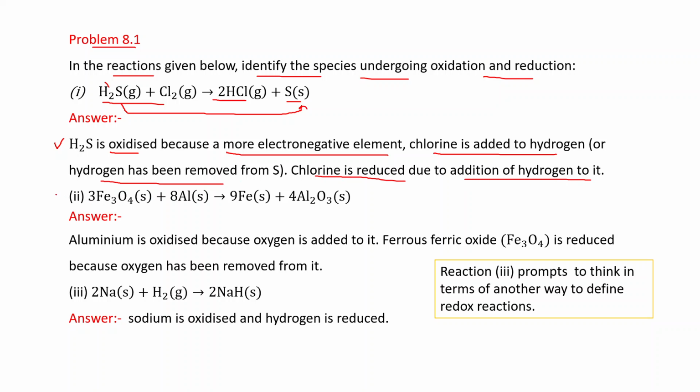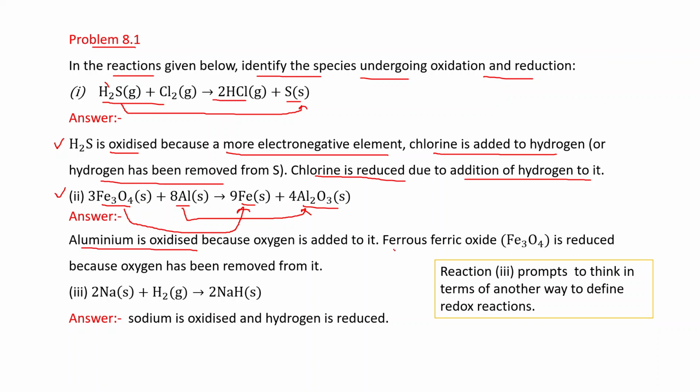Another example is Fe3O4 reacting with aluminium to convert into Fe plus Al2O3. Now just see what changes are taking place. In this case, aluminium is converting into Al2O3. Oxygen is added, so we can say aluminium is oxidized, and Fe3O4 is converting into Fe. Oxygen is removed.